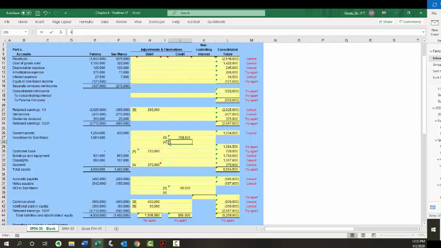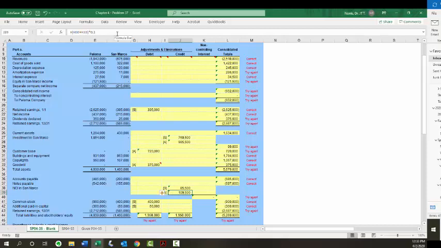Okay, once again, the customer base plus the goodwill times 90%. Copy that to the clipboard. Go down to the cell where the non-controlling interest is, paste it in, change it to 10%.